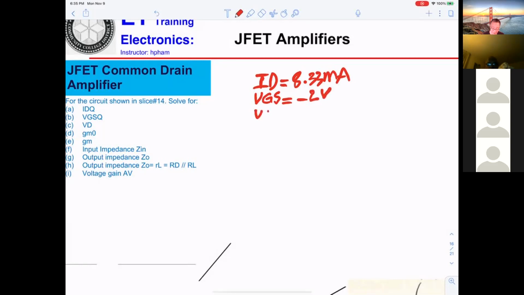Okay, and I know what VD you get and what gm0. Then input impedance, output impedance, and the gate.